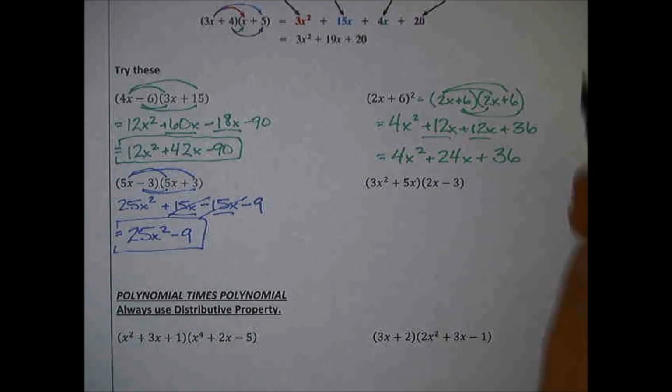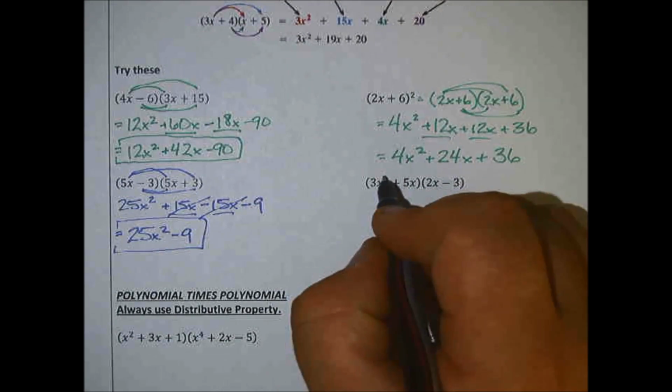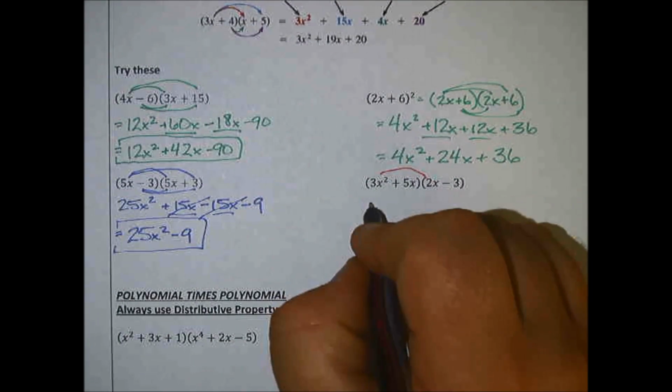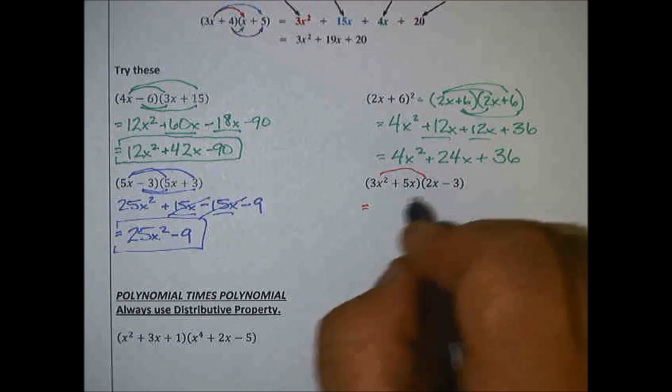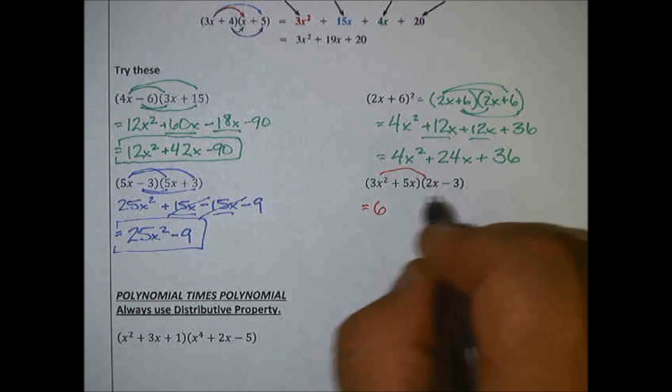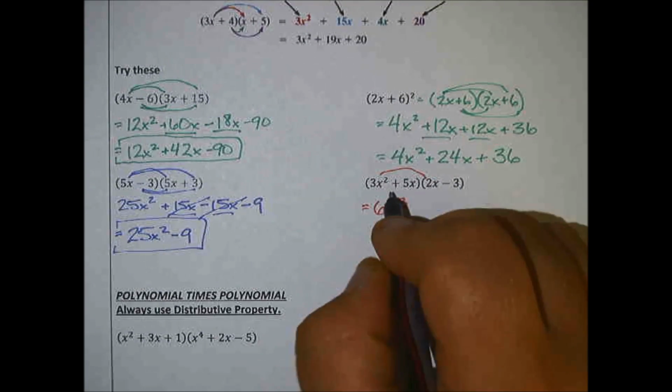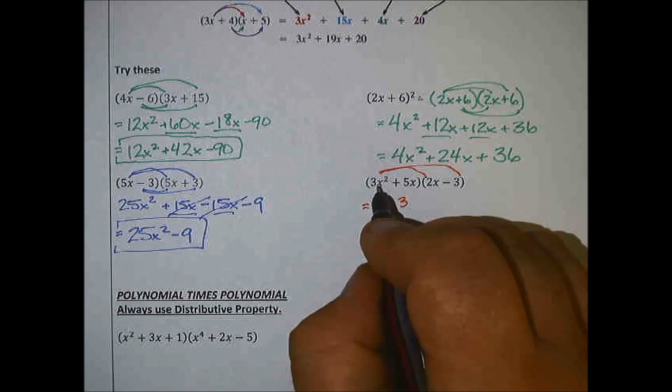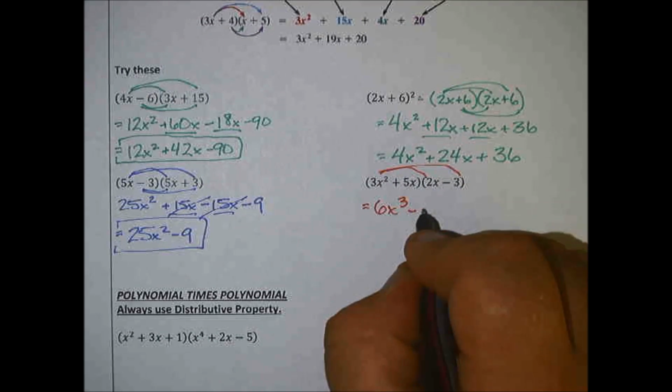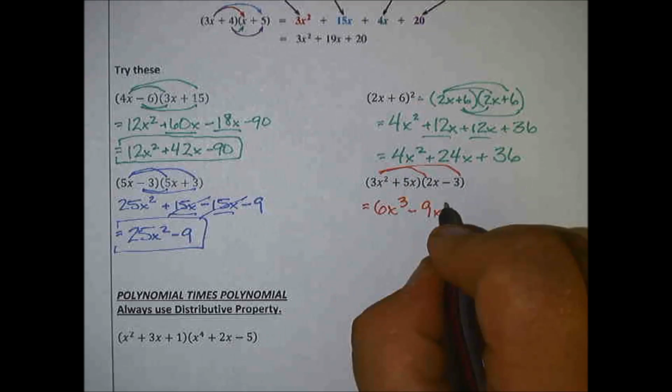All right, last one of this section. I want to go first times first. 3 and 2 is 6. X squared and x is x cubed. Outsides, 3 and negative 3 is negative 9, there's an x squared.